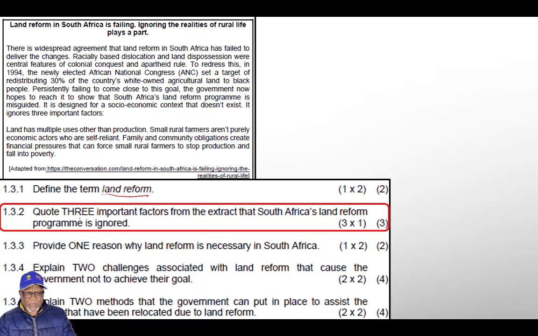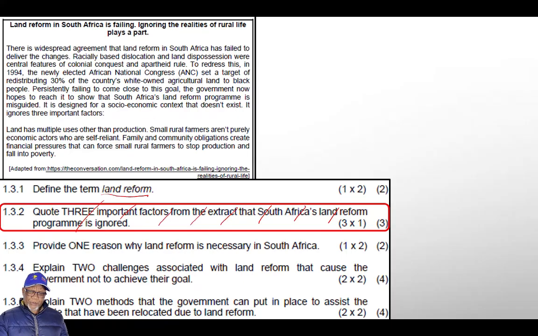And then this one is a quote from the extract. We don't think that this extract is going to come from your next examination, so we cannot answer the questions that are directly from the extract. Let's just focus on the common questions. The definition for land reform is a common question that we can answer.